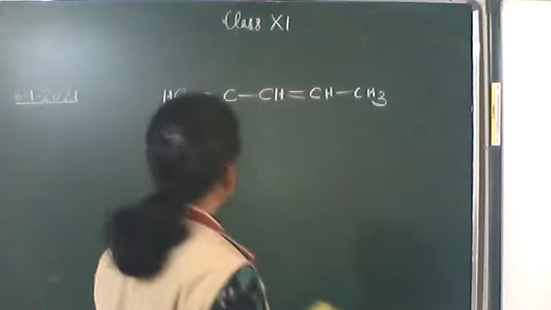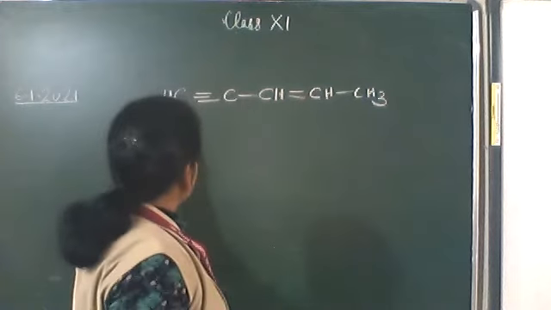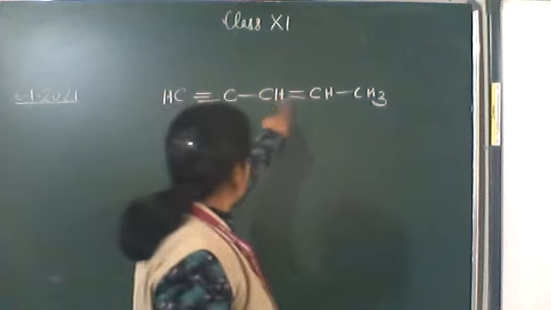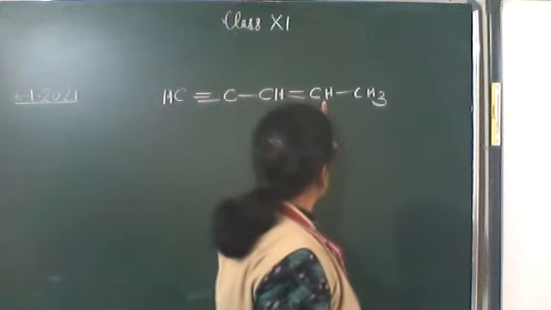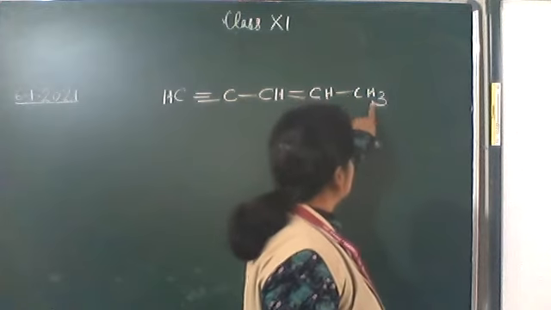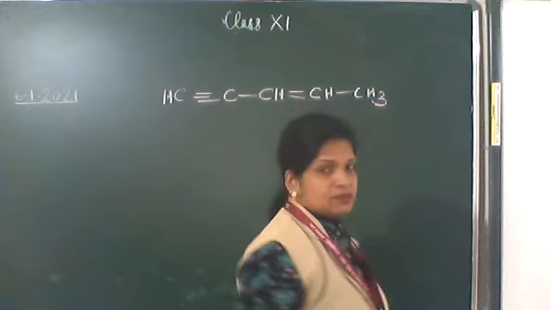How many sigma? 1, 2, 3, 4, 5, 6, 7, then 3 is 10.